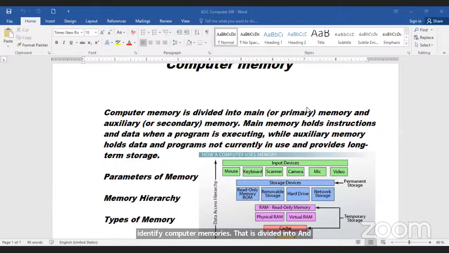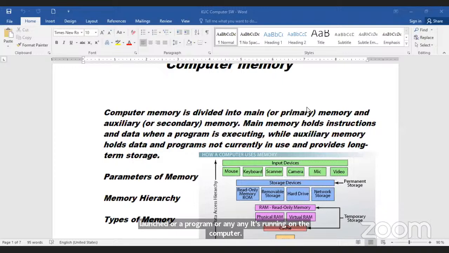We say the main memory holds instructions and data when a program is being executed. When a program or any app is launched and running on the computer, it usually dwells in the main memory.